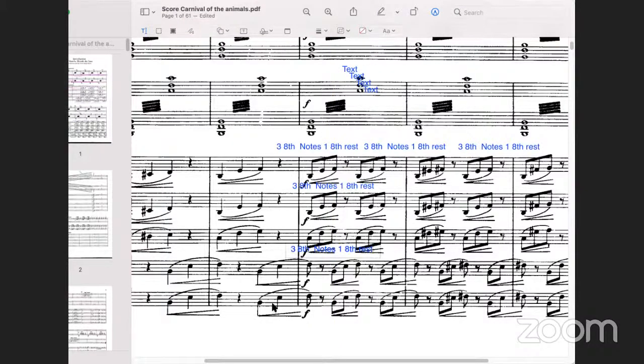And he starts with the 2 quarter notes, 1 8th note, and 1 8th rest. So here's going to be different. It's going to be 2 quarter notes, 1 8th note, 1 8th rest.